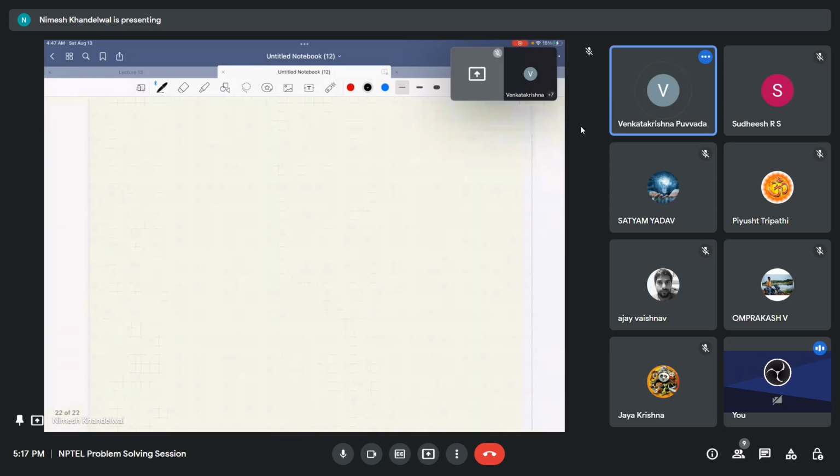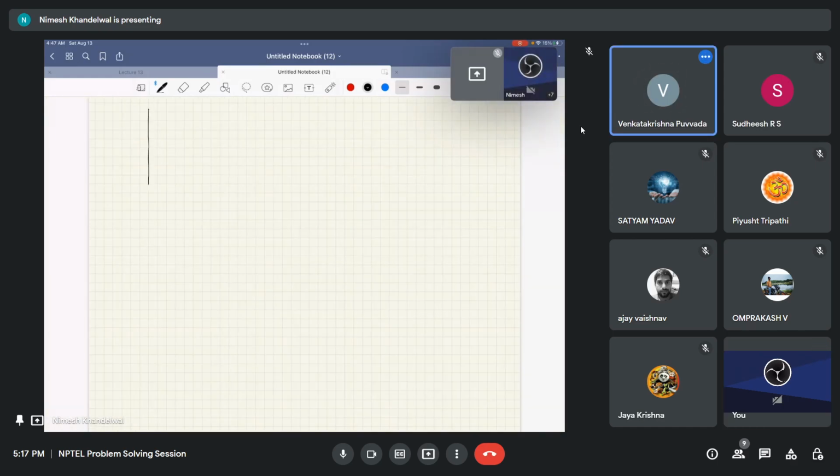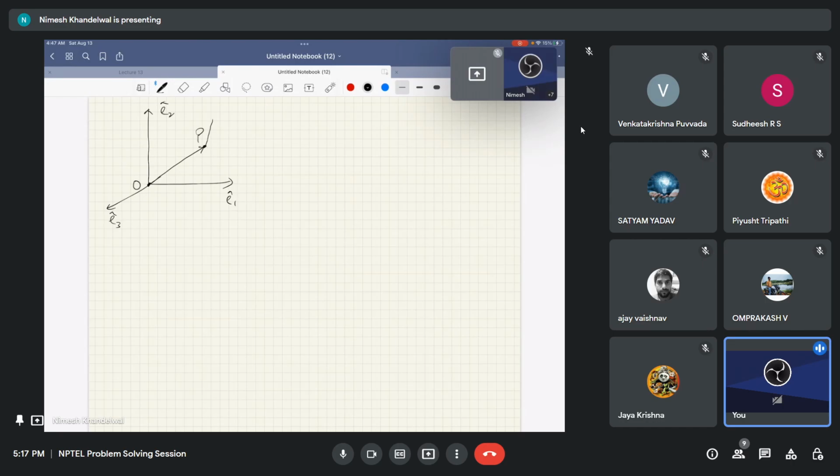To motivate what I'm saying further, let us say there is a fixed frame with axes E1, E2, and E3, and a point denoted by P, and the origin of this frame is marked as O. Now at this point P, I attach an arbitrary frame, E1 prime, E2 prime, and E3 prime.